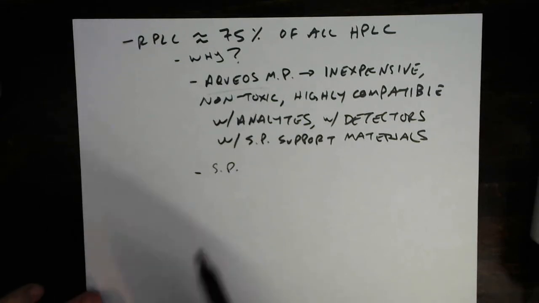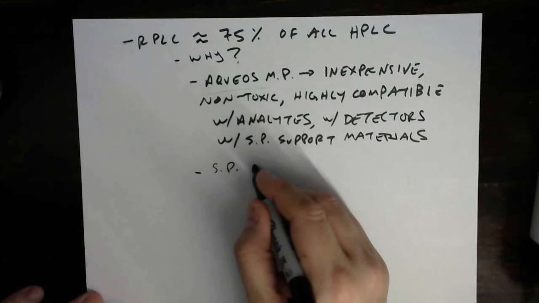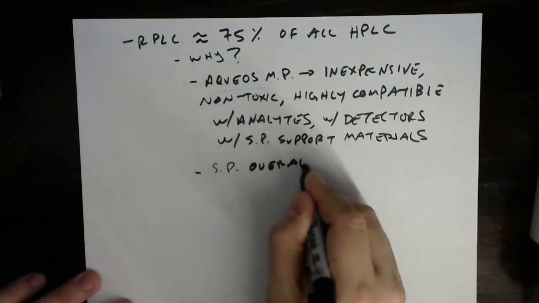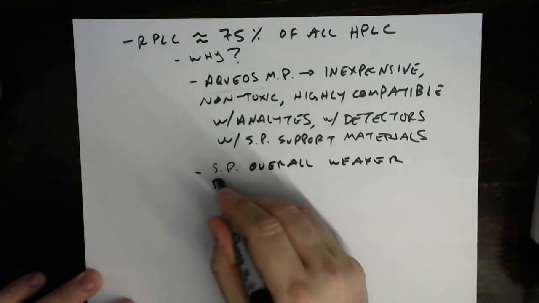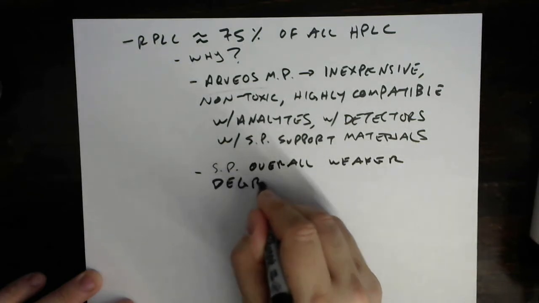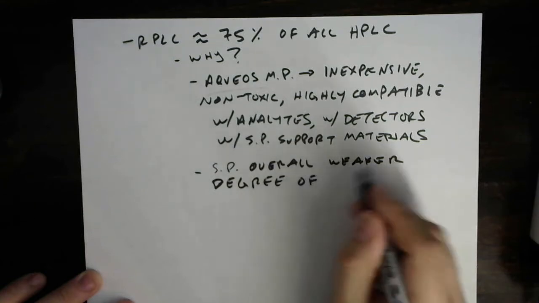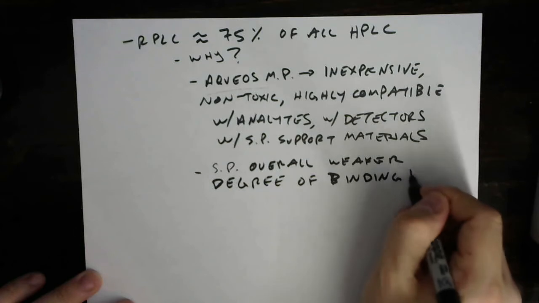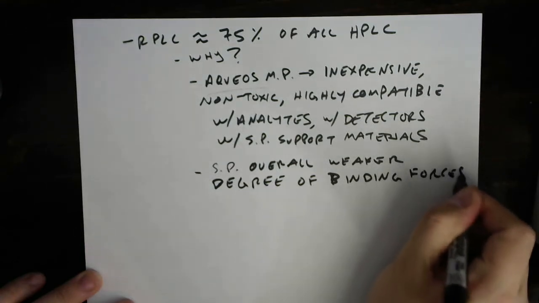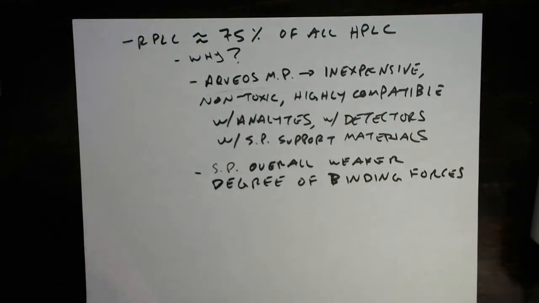And so our stationary phase is basically exhibiting an overall weaker or lower degree of binding forces. Right? So, I think we can all agree that London dispersion forces are lower energy interactions. They are weaker binding forces than, say, the hydrogen bonding of an OH group.